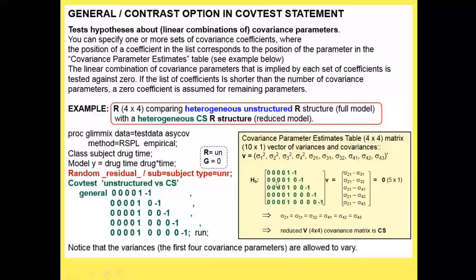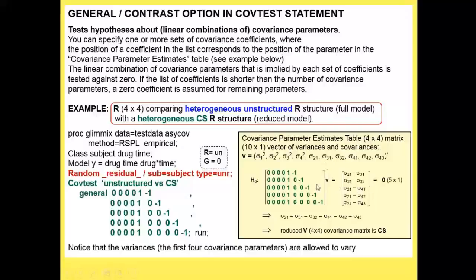So looking at this matrix multiplication, I'm multiplying this row, 0, 0, 0, 0, 1, minus 1, and the rest zeros, by this column vector. 0 times sigma 1 square is 0, 0 times sigma 2 square is 0, 0 times sigma 3 square is 0, 0 times sigma 4 square is 0, and then it's 1 times sigma 2,1 minus 1 times sigma 3,1, and the rest are zeros.